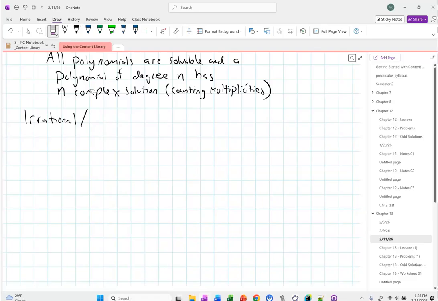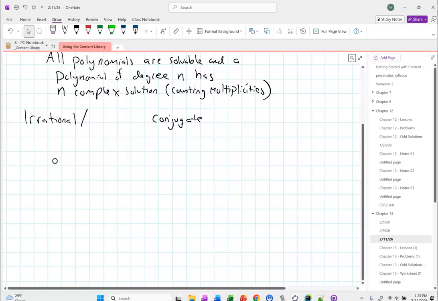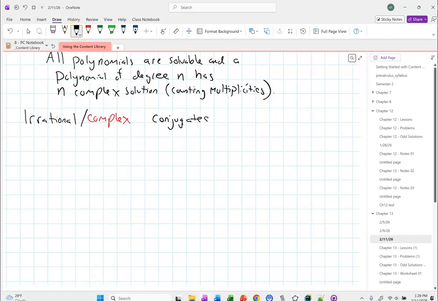I'm going to do these at the same time. These are two theorems that basically say the same thing, just with different words, or with one change to them. So I'm going to do like a color thing here.